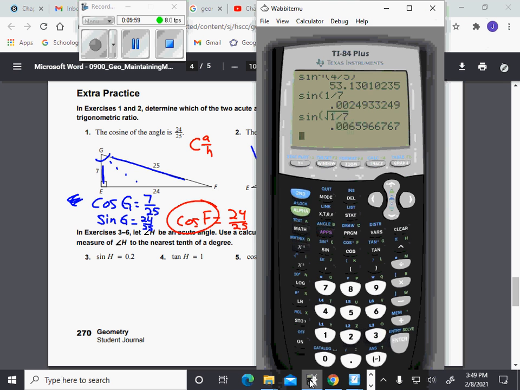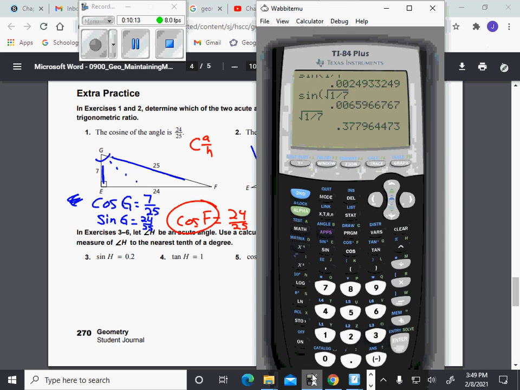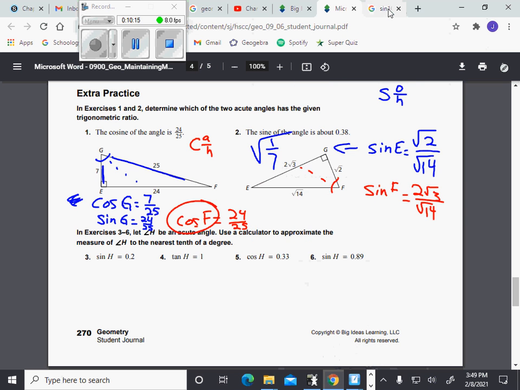Oh, I'm sorry, I messed up, guys. My apologies. We're just looking for the ratio, so we're just typing in those fractions, opposite over hypotenuse, to see which one is 0.38. So the sine of E, that is our final answer.